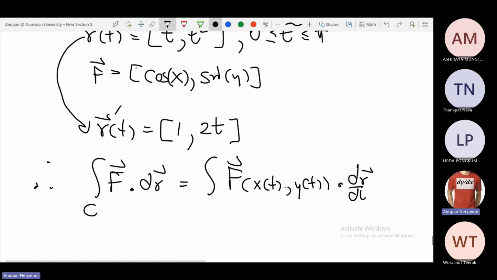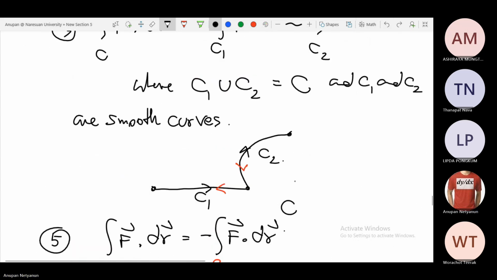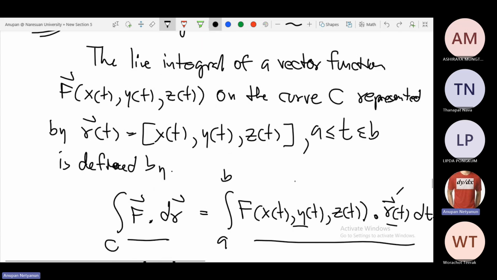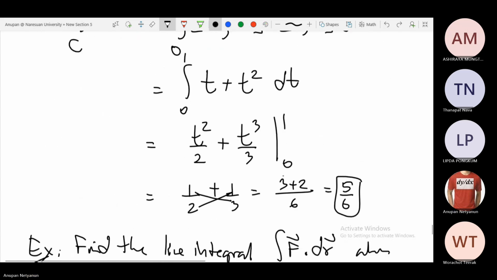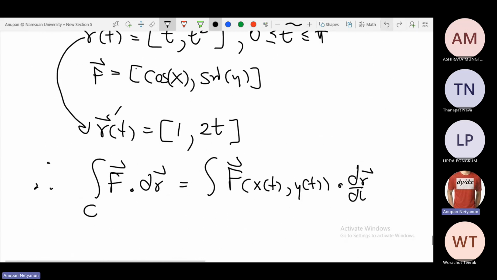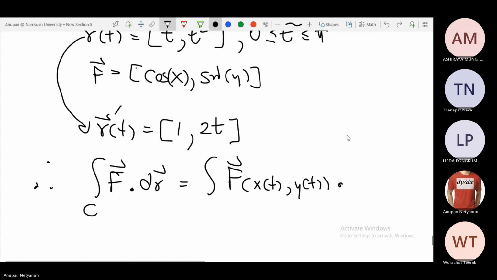Let me use the same notation, which is r prime t. Same thing, and then multiply by dt.